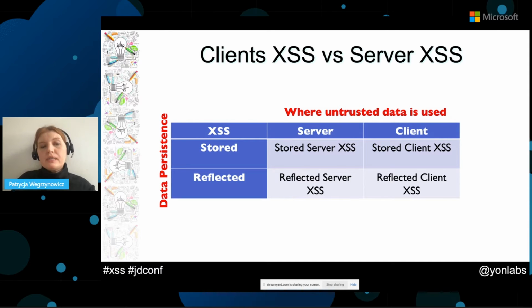If there is no data persistency, that's reflected XSS. If the malicious code is being stored, it's stored XSS. And we have server and client sides where XSS is actually being executed.